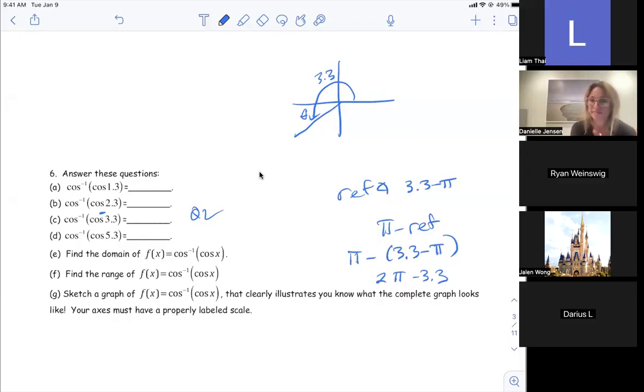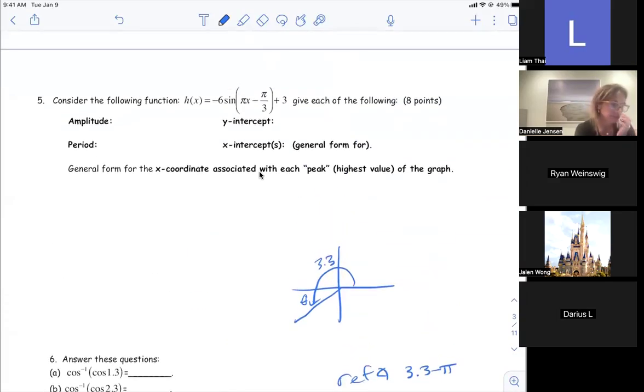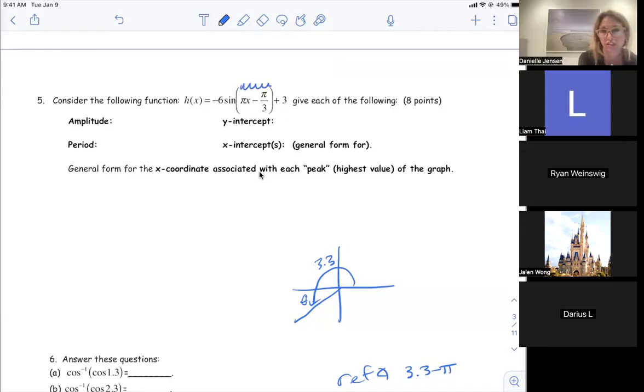I had a question on 5 for finding the peaks. I had it as negative 1/2 equals sine of whatever's inside. But when I checked the answer key, it was negative pi over 2. So to figure out where the peaks occur, it's like a domain transformation, right?